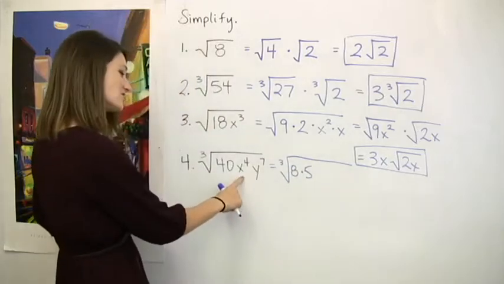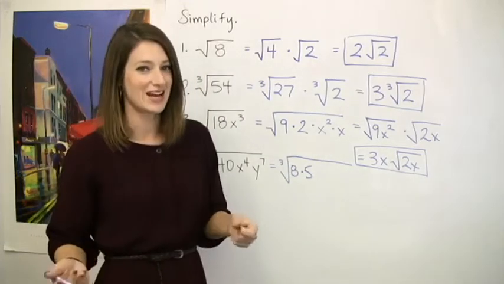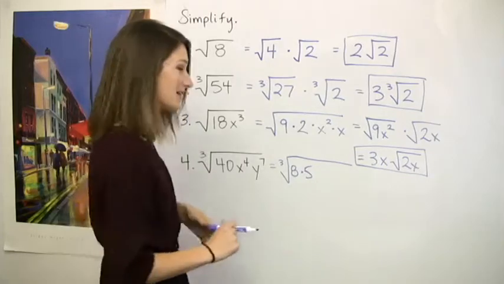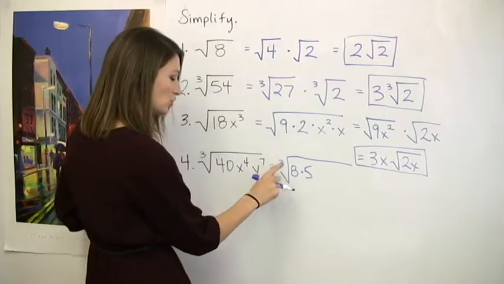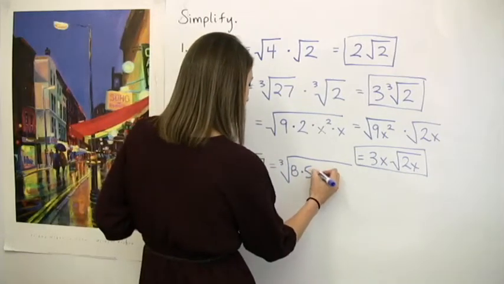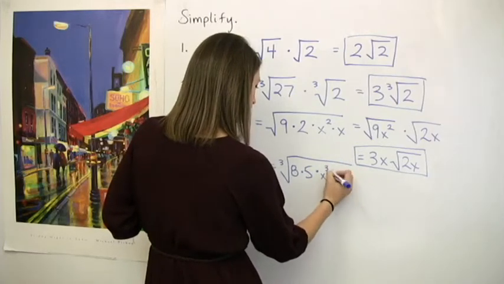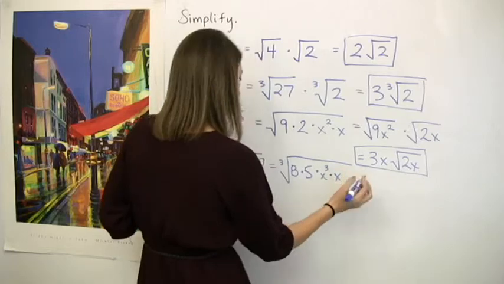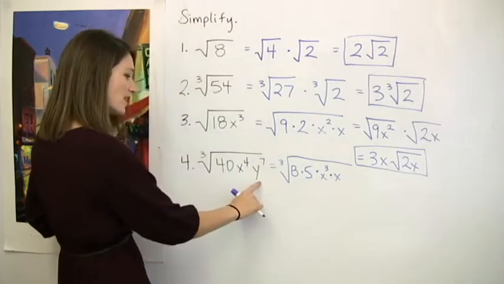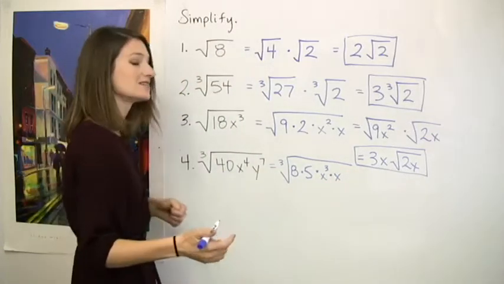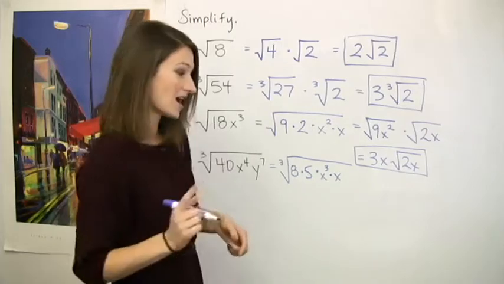And then x to the fourth is the same as writing x to the third times x. Now remember, we're dealing with a cube root here, so that's why I'm thinking in perfect cubes. I'm trying to find perfect cubes in my factors. And then y to the seventh is the same as writing y to the sixth times y.